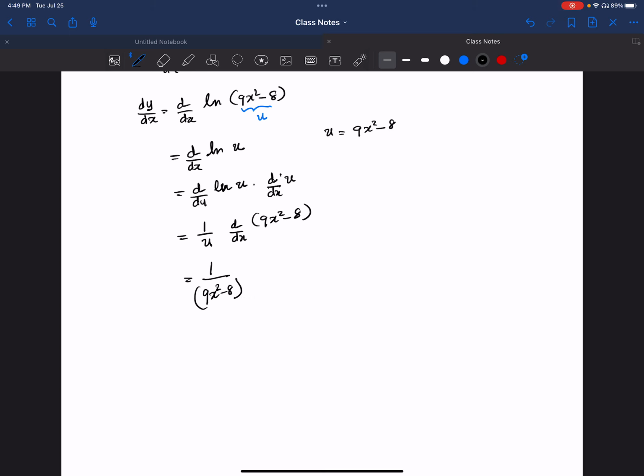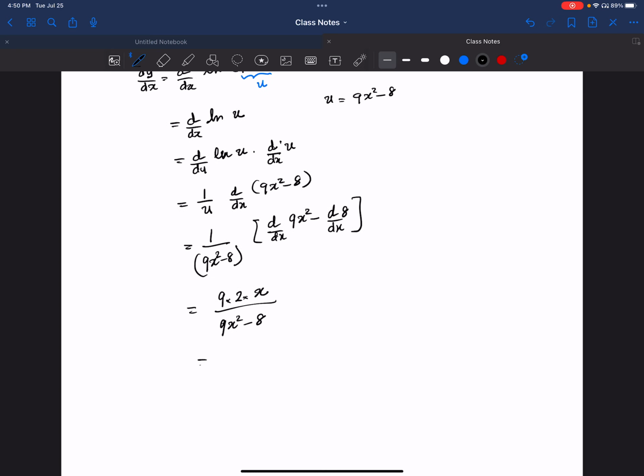And then I can use the summation rule for this, d over dx 9x squared minus d over dx 8. D over dx 8 is 0, but d over dx 9x squared is 9 times 2 times x. 9 times 2 times x divided by 9x squared minus 8.